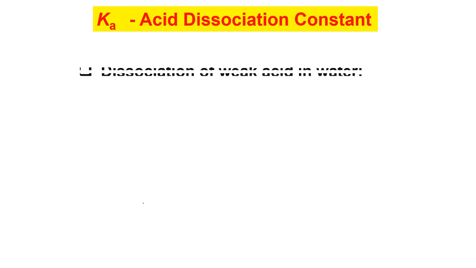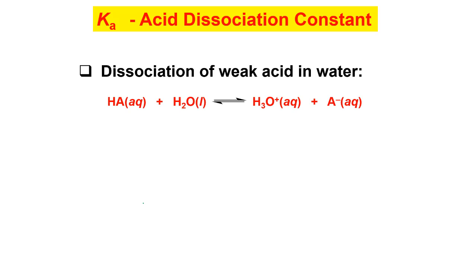Right, Ka acid dissociation constant. So tadi kita dah belajar sikit Ka acid dissociation constant. So yang ni kita nak lebih detail. Okay, so kita tahu bahawa dissociation of weak acid in water is very slight. Very little weak acid dissociates in water. For example, HA acid, let's say HA is a weak acid.